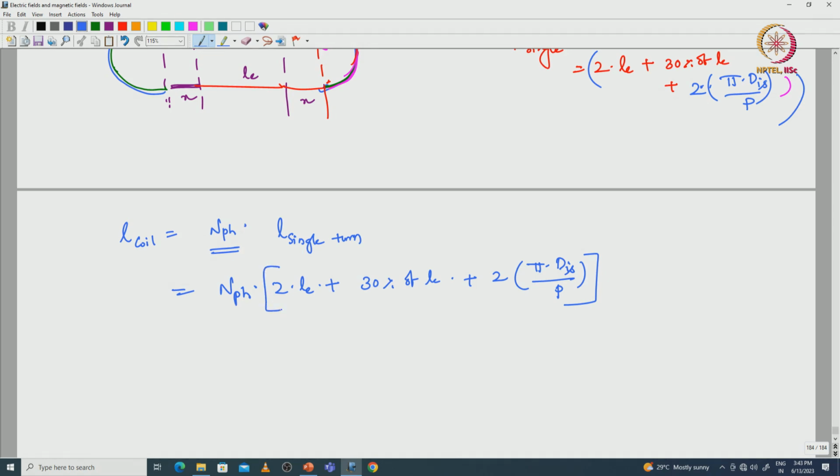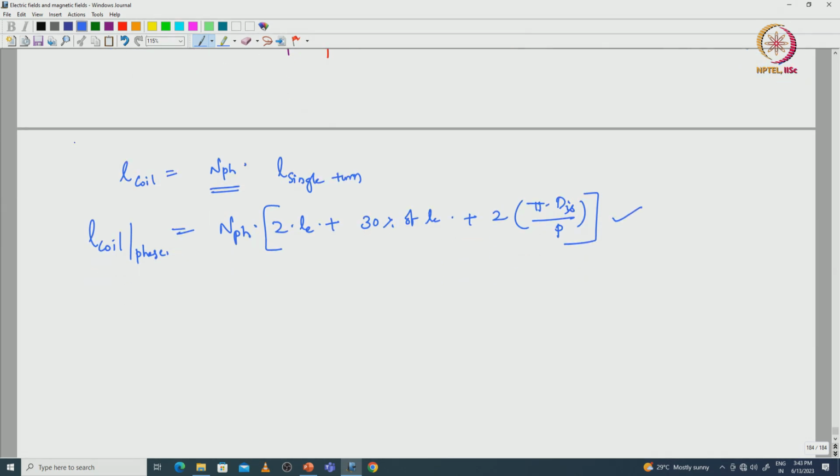This is the total length of a coil per phase.